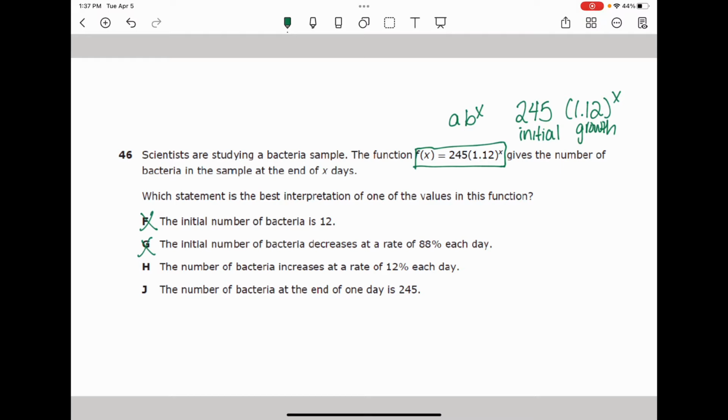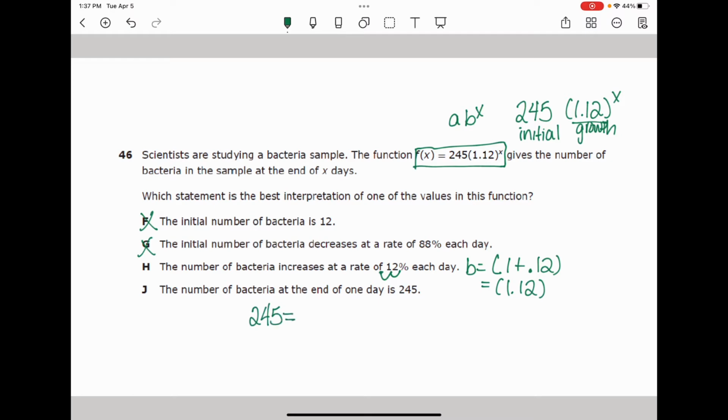H says bacteria increases at the rate of 12% each day. Well, let's check that. So that would mean that B equals 1 plus 0.12. Remember, we move the decimal to the left twice, and that is 1.12, which does match our equation. And then J says the number of bacteria at the end of 1 day is 245. So let's check if that's correct.